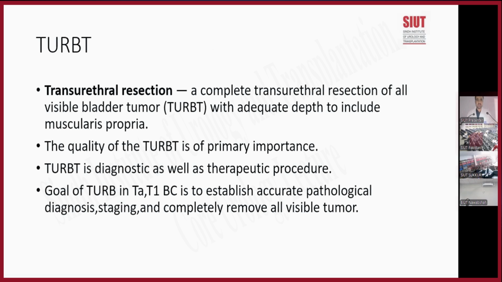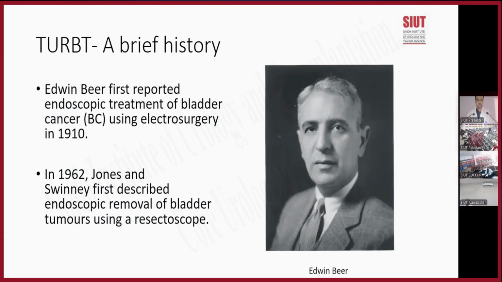The goal of TURBT in Ta and T1 bladder cancer is to establish an accurate pathological diagnosis, staging, and completely remove all visible tumors. Edwin Weir first reported endoscopic treatment of bladder cancer using electrosurgery in 1910, and in 1962 Jones and Sweeney first described endoscopic removal of bladder tumor using a resectoscope.